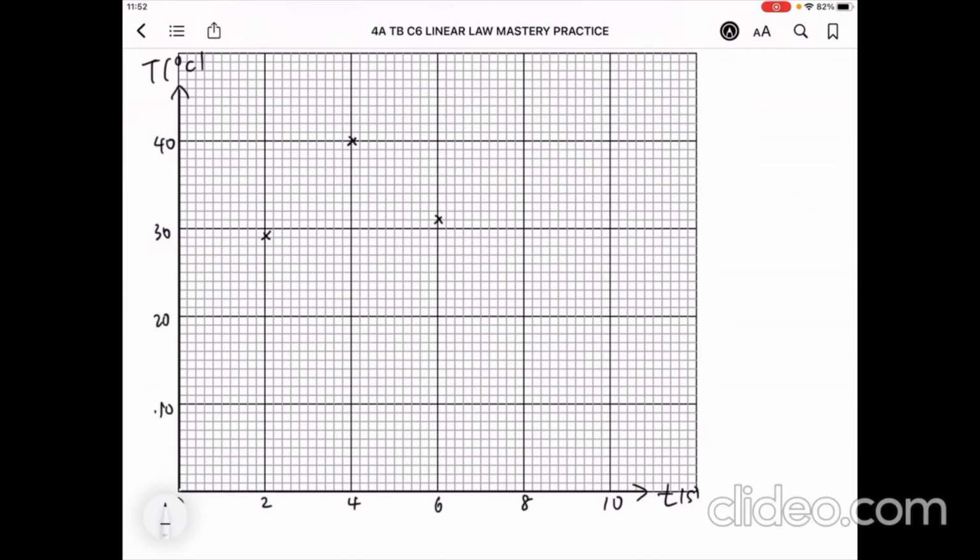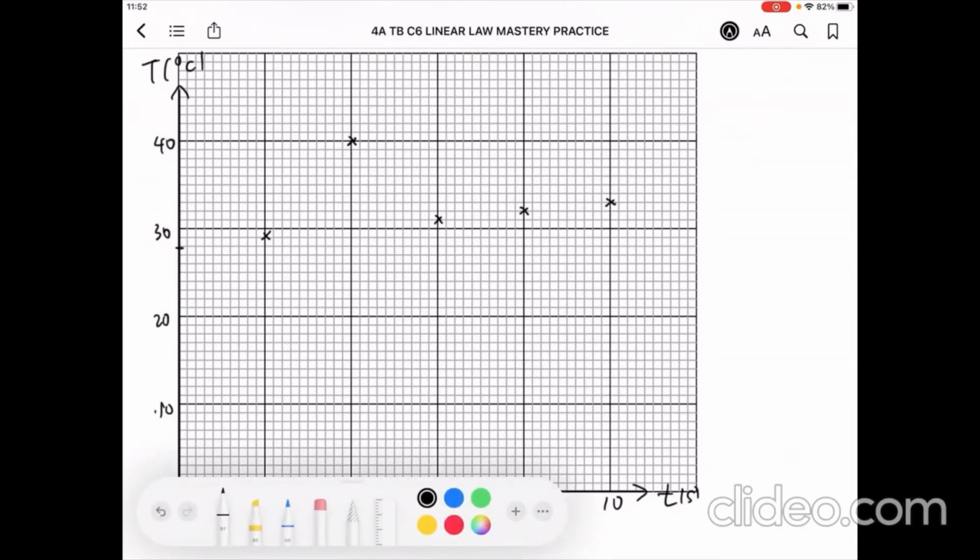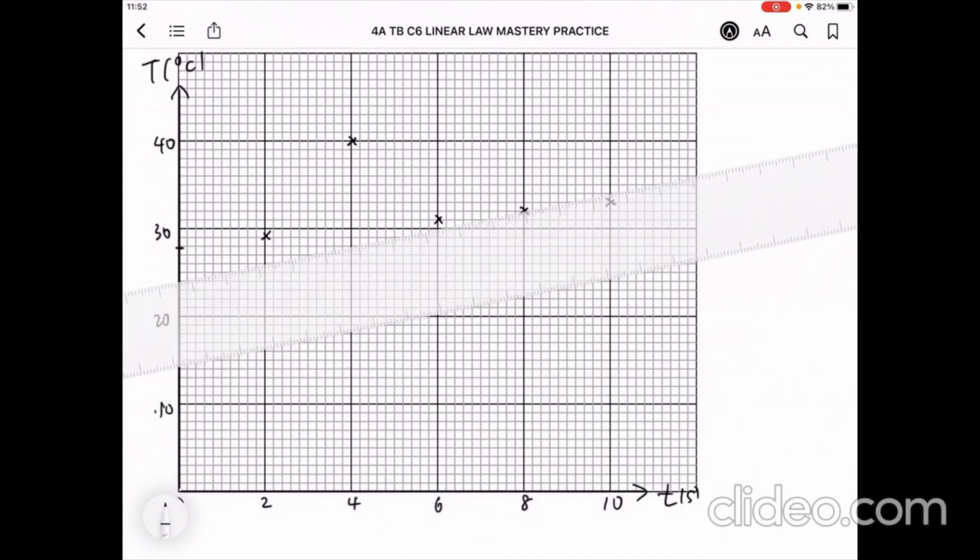Now 32.5 is a bit hard to draw, so we can only draw 32, and the last one is 33. You can see every 2 seconds it will increase by 1. So I can more or less know that your y-intercept will be at 28, because every 2 increases by 1. So let's use a ruler and measure.